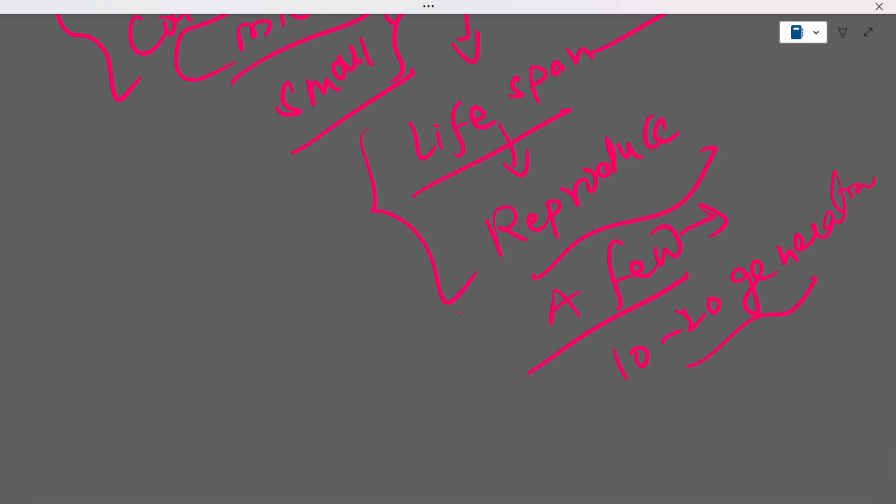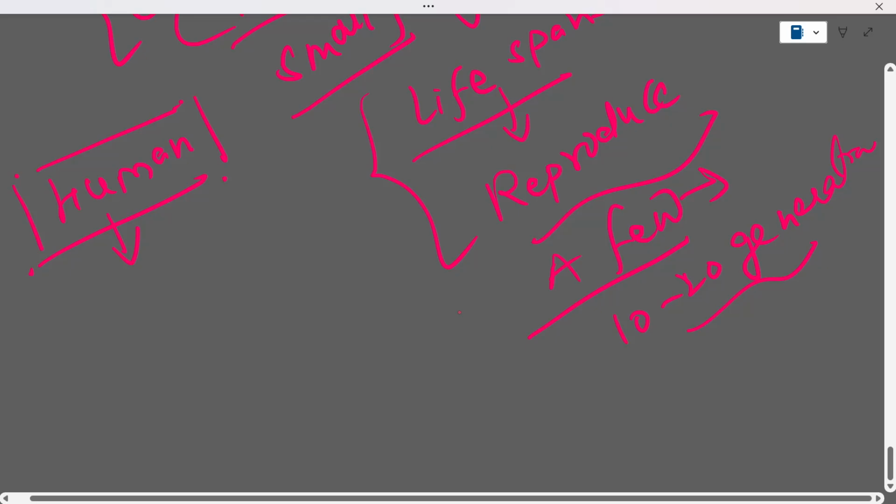Let's compare it with the lifespan of human. So a human in present time, we say we start reproducing around an average age of 25.